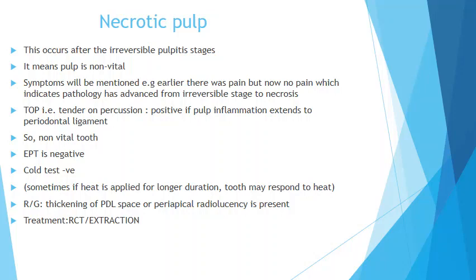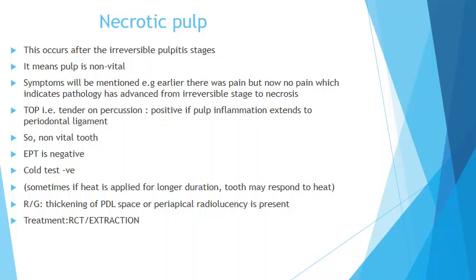Once the condition has progressed to irreversible pulpitis and we did not do any treatment, the infection will further spread and it will lead to necrosis of the pulp. Now, what can be the reasons for this? The reasons can be, again, carious lesion, deep caries, deep restorations, endoperio lesions, and fractures.